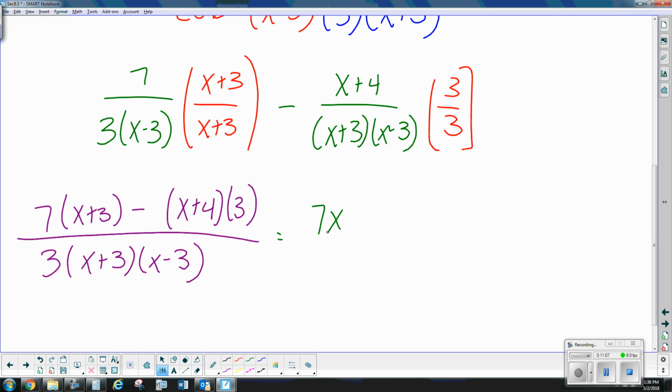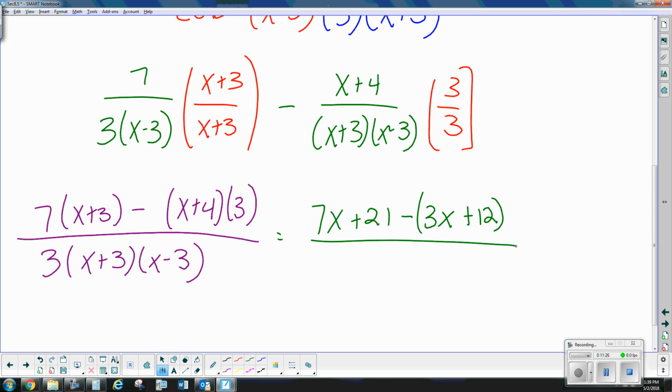So we have 7x plus 21 minus the whole quantity, 3x. So if you need to write it in parentheses, fine, do that. So 3x plus 12.